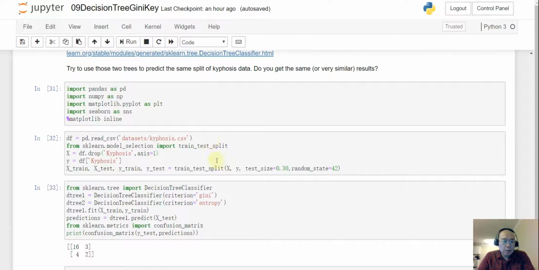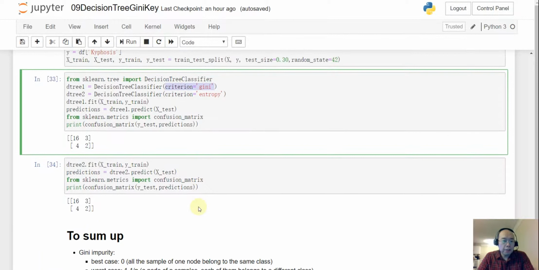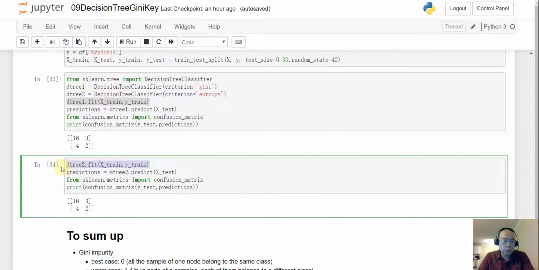Okay, so this is my answer. The only thing I did was create two decision trees, decision tree 1 and decision tree 2, and then I specified the criterion to be Gini and entropy. After that, I'm using the same training set to train decision tree 1 and decision tree 2, and then I make the prediction on the same testing set, so I got the same results.